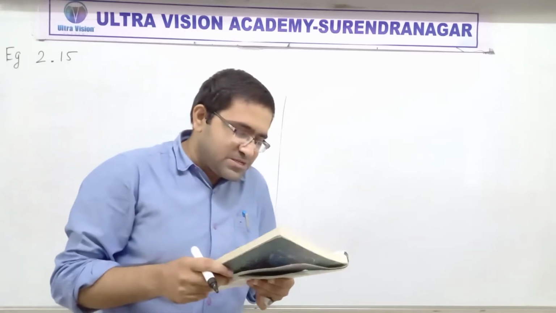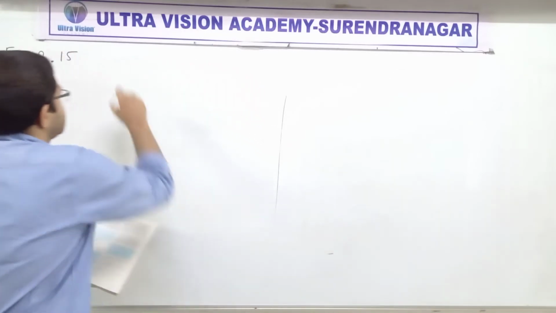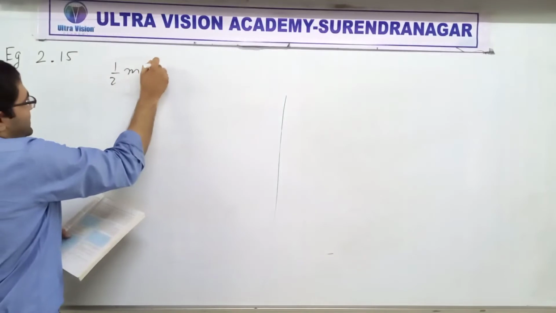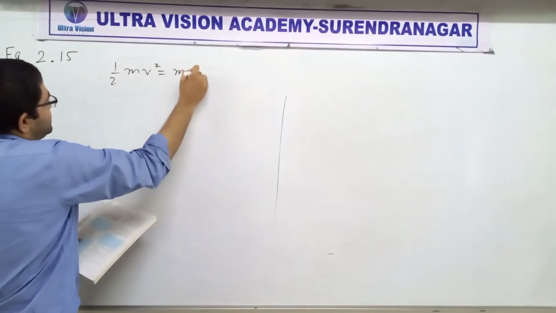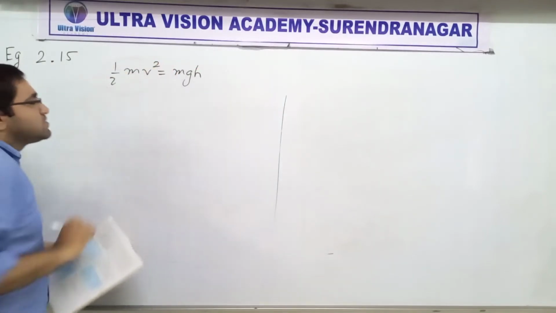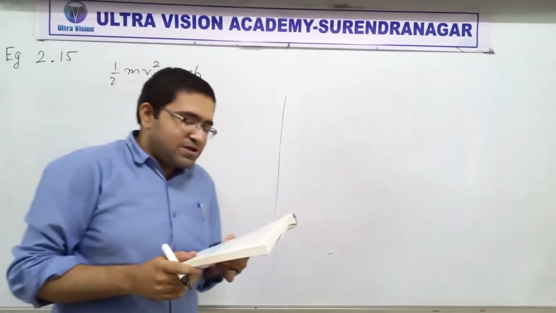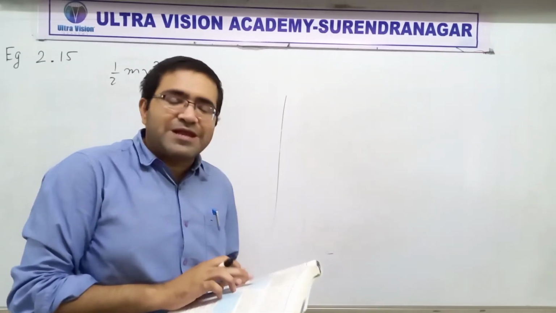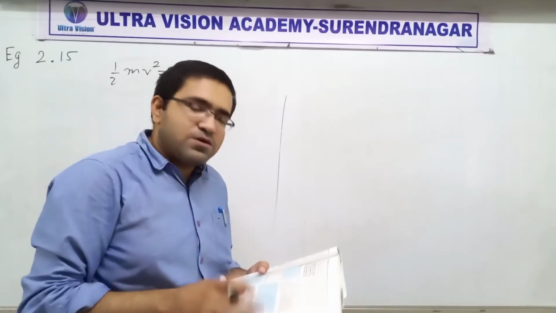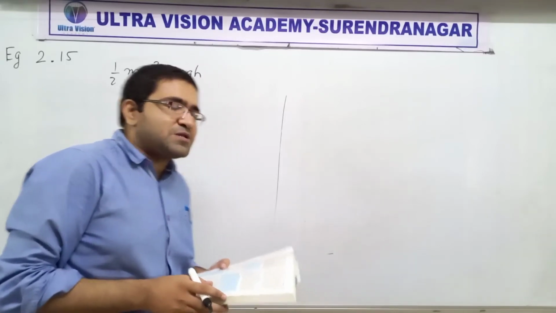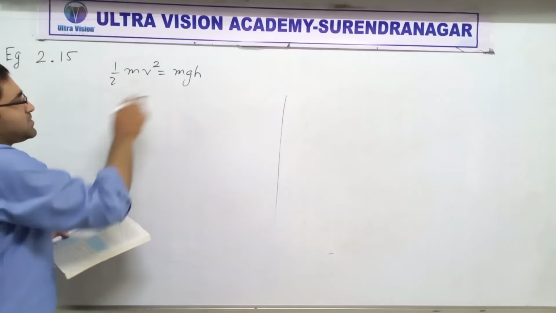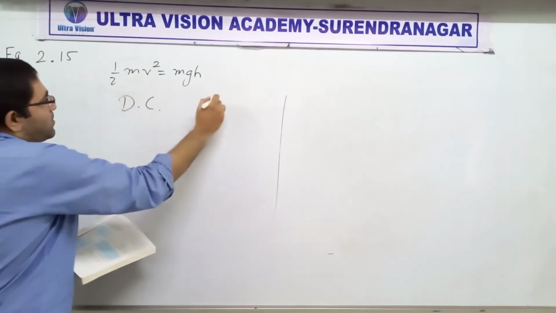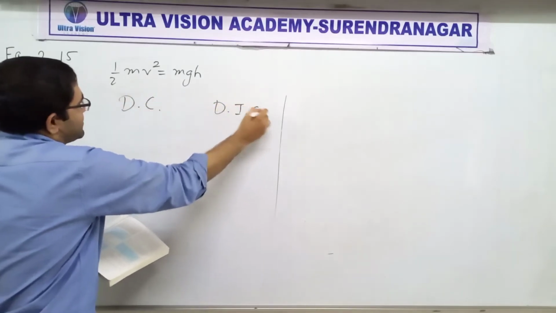One equation is given: half mv square is equal to mgh. Read the last line. Check whether this equation is dimensionally correct or dimensionally incorrect.